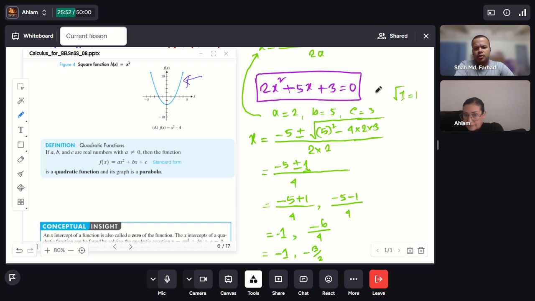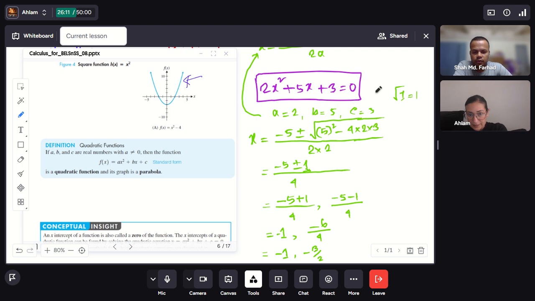And there are other processes also, you can use the graphical method also. That means if we put this equation in a graphical calculator, then okay.